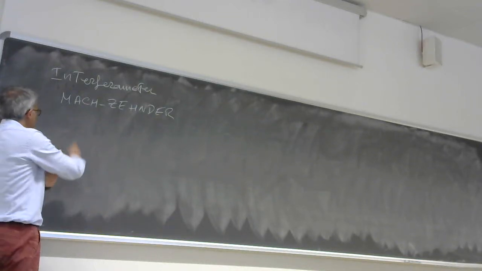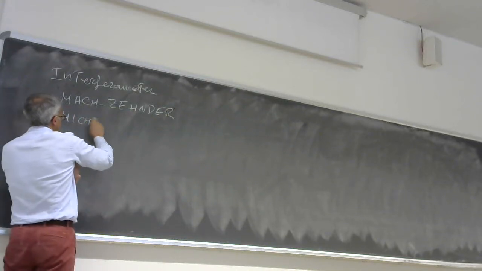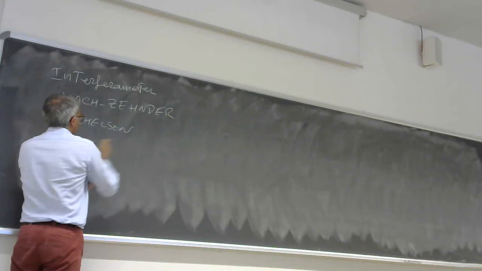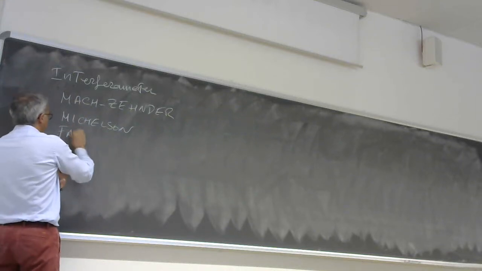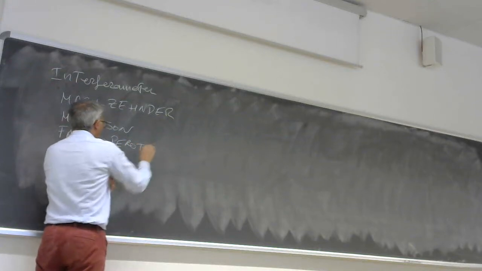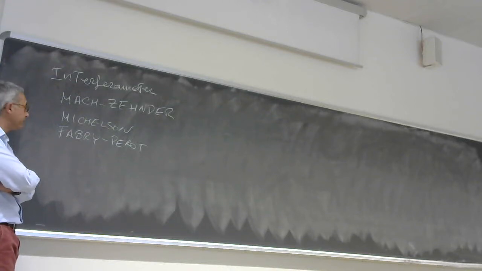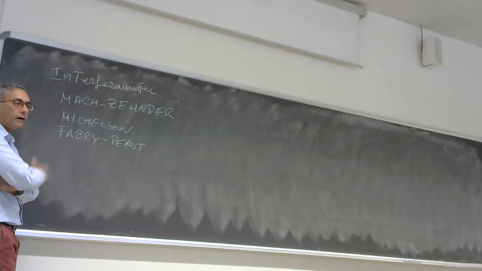There are many others: the Michelson interferometer, the Fabry-Perot, or Perot-Fabry for the French people. I never understood why they switched the two. They give more importance to Perot than Fabry. But all the other parts of the world call it Fabry-Perot.